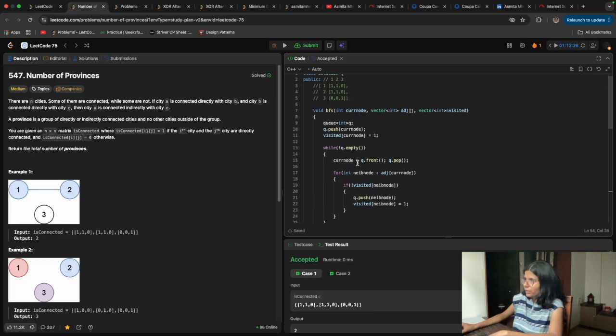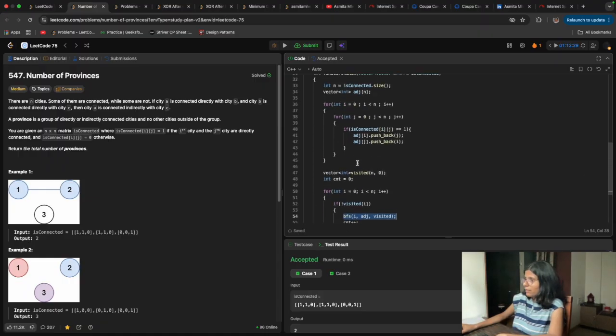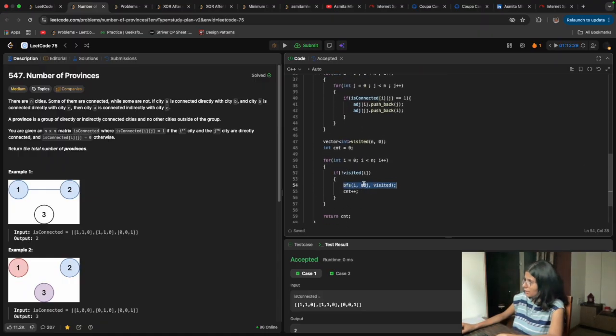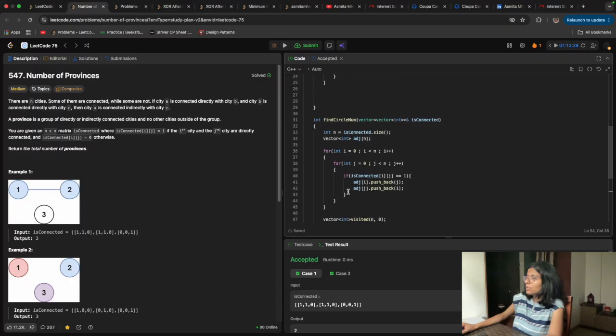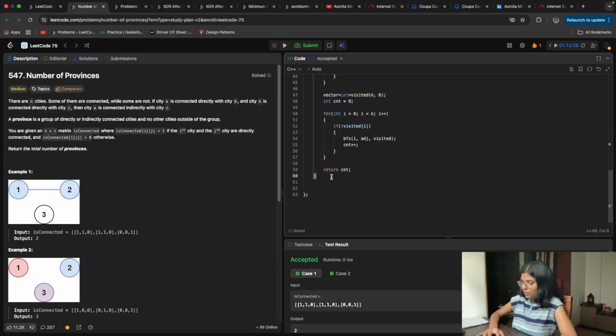We took the node, we mark it as visited, and we do this only if it isn't visited. So the time complexity for this is big O of n square.